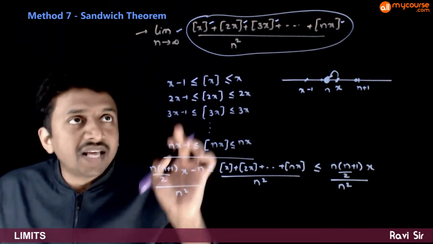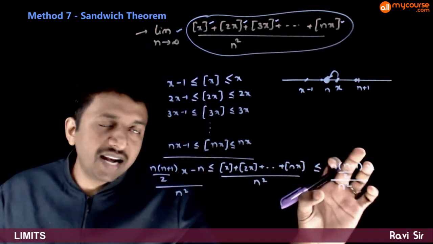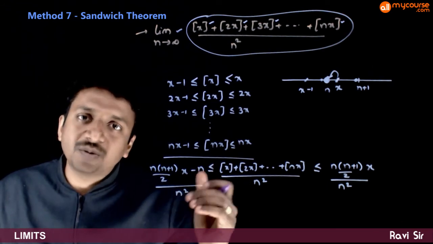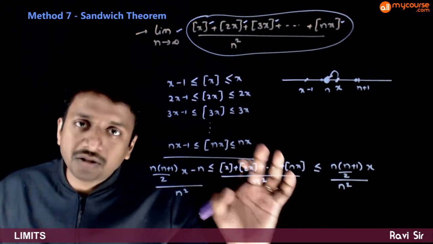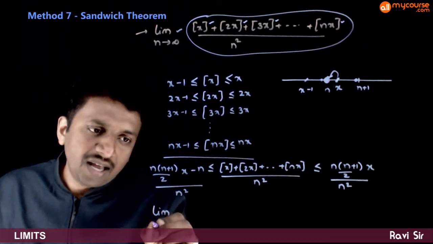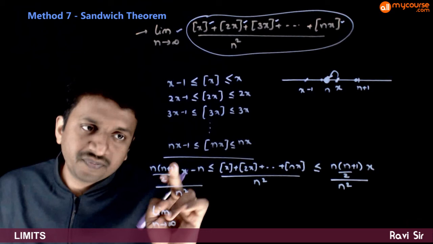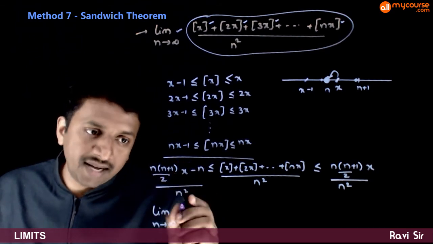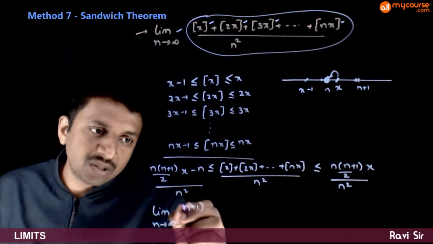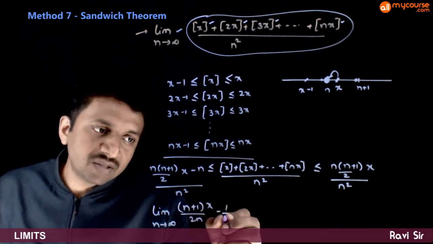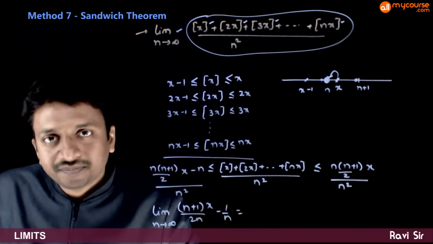Now what I try to do is I'll calculate this limit, and I'll calculate this limit. If both are equal, then this limit also should be the same number. So what is limit n tends to infinity? n into n plus 1 by 2 times x, one n gets cancelled. There is n plus 1 into x by 2n minus 1 by n, is equal to what?